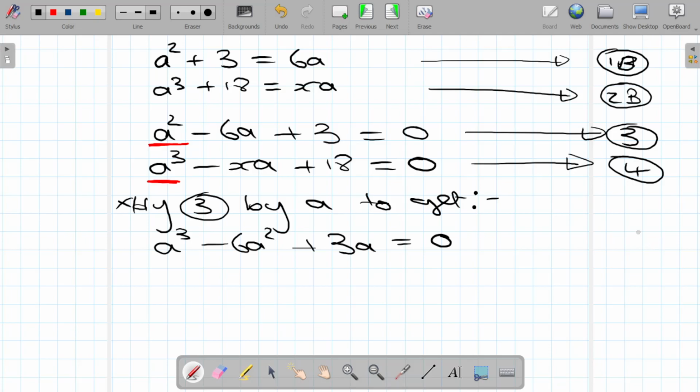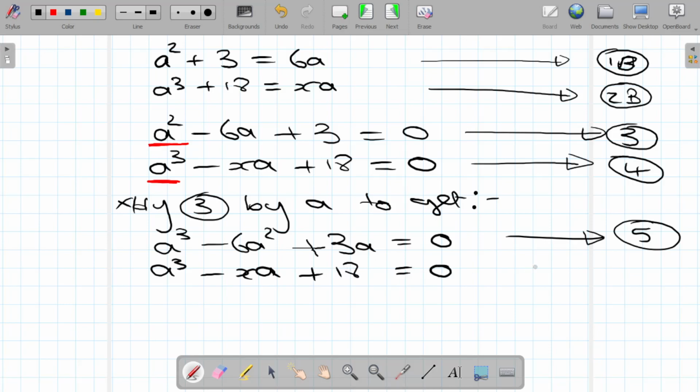And we'll call that equation 5. Right, now equation 4 stays exactly the same. So we've got a cubed minus xa plus 18 equal to 0.